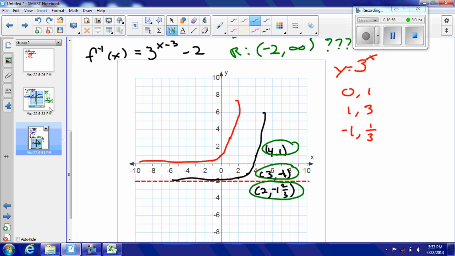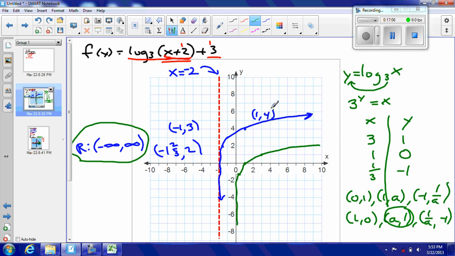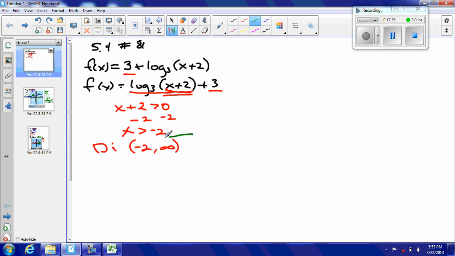I'm going to take a look at my other graph here of my original function. The point 1, 4, x and y switched. The point negative 1, 3, x and y switched. The point negative 1 2/3, 2, x and y switched. So we do have an inverse function here. And we notice that the domain of our original function was negative 2 to infinity.